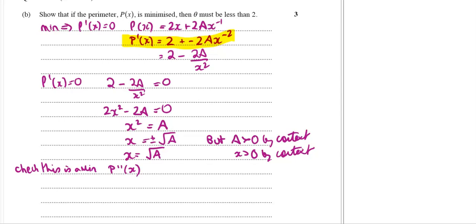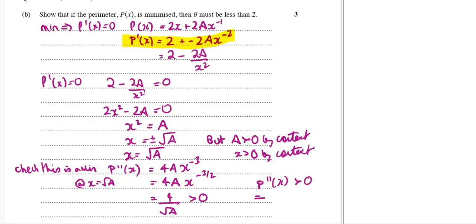I'm going to get P double dash of x equals 4A x to the minus 3, and at x equals root A, that equals 4A x to the minus 3 on 2, which equals 4 on root A, and that is positive. And P double dash is positive, implies that this is a minimum.